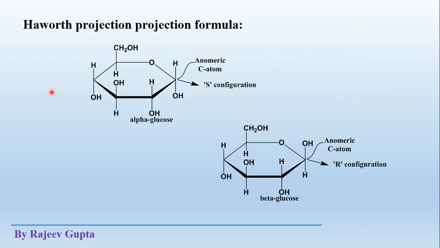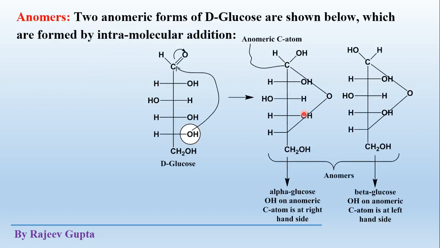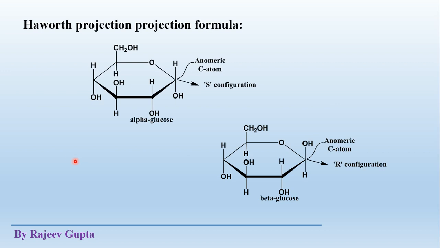See the Haworth projection formula of these structures. Both structures become cyclic and 6-membered, and we know that 6-membered structures can be shown as Haworth projections, where this carbon atom is considered the anomeric carbon atom. Where this OH group is shown at the downside in the ring system, that is called alpha glucose, and if it is at the upside, then it is called beta glucose.